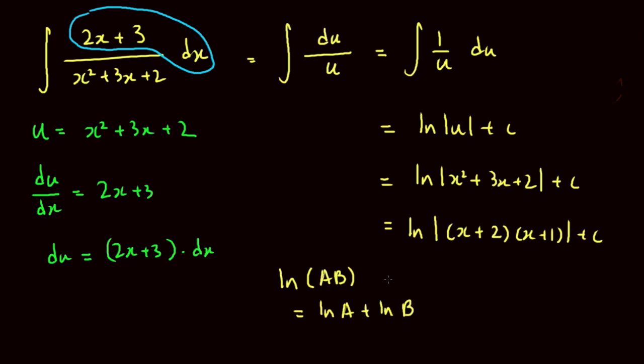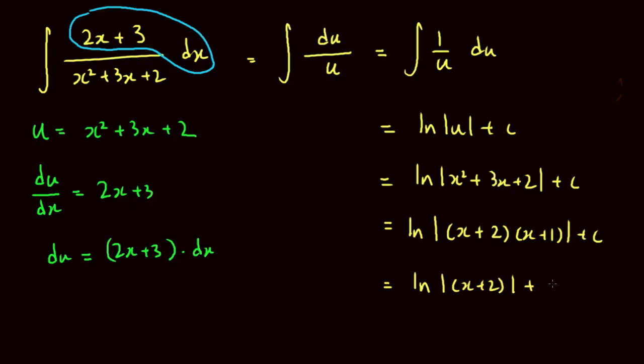This is a common rule of logarithms. So from this rule, you can simply rewrite your integral as ln modulus x plus 2 plus ln modulus x plus 1 plus c. So this is your final answer.